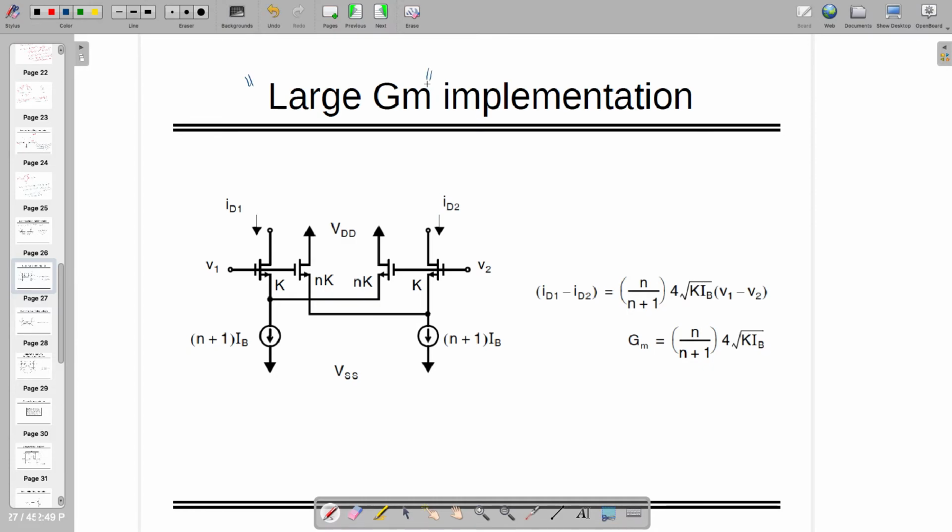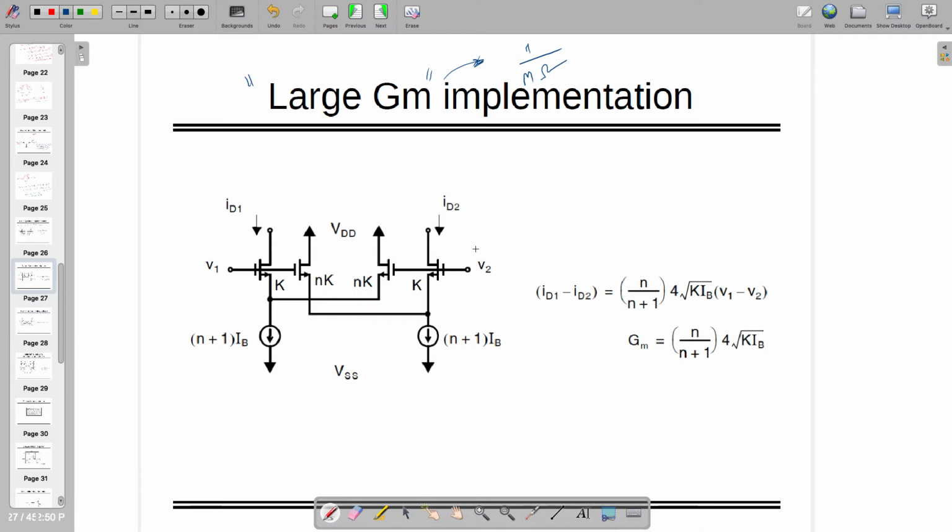Maybe GM of some milli, or sometimes 1 by mega ohm. So when we are saying large implementation, it actually goes with the smaller one.